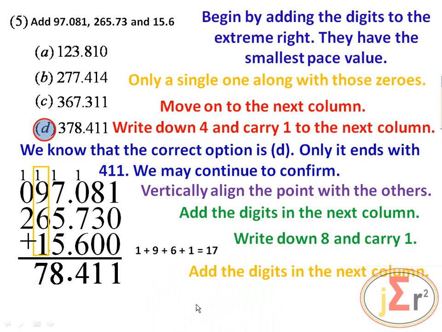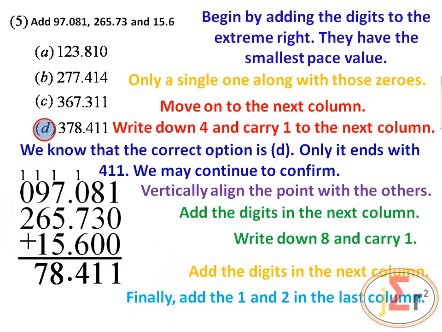Then we will write down 7 and carry 1 to the next column. And finally, we will add those. Jerry is saying 2 plus 0 plus 1, and the result is 3. So let us put the 3 right there.